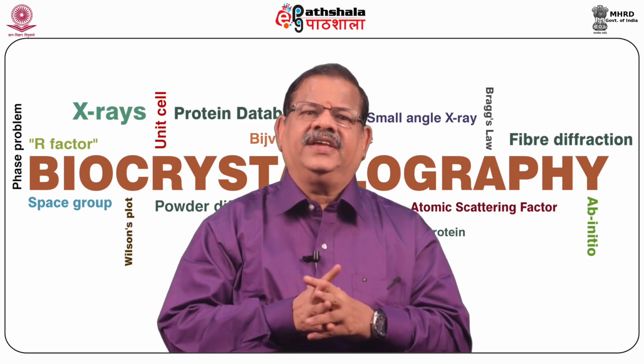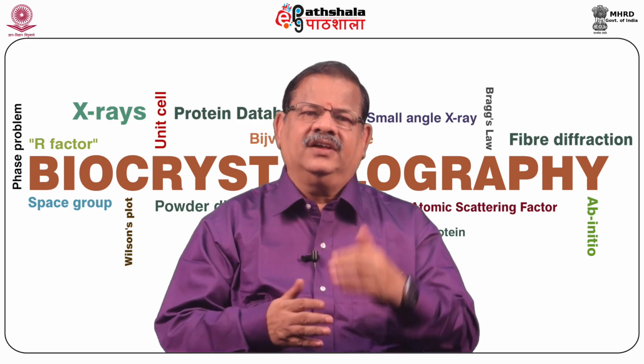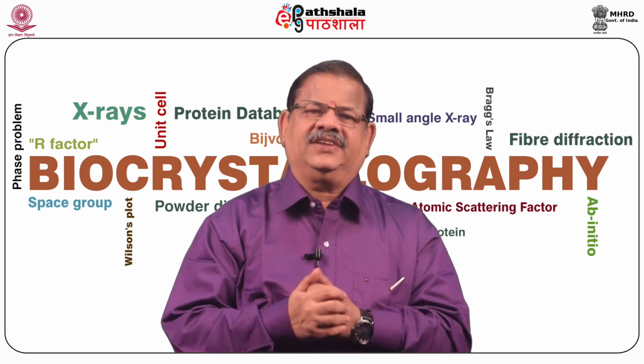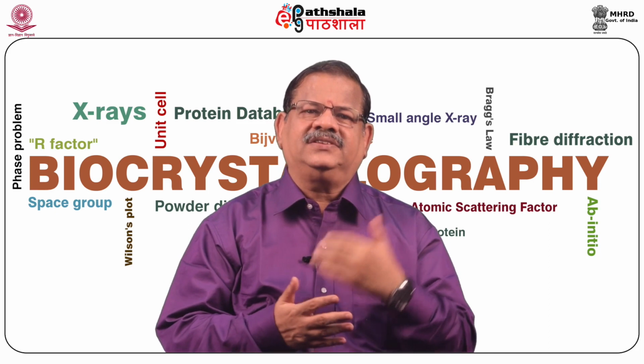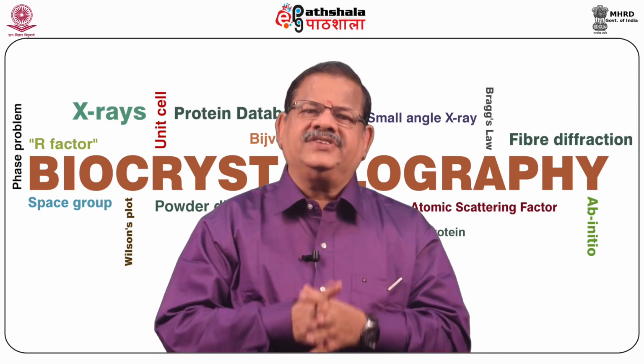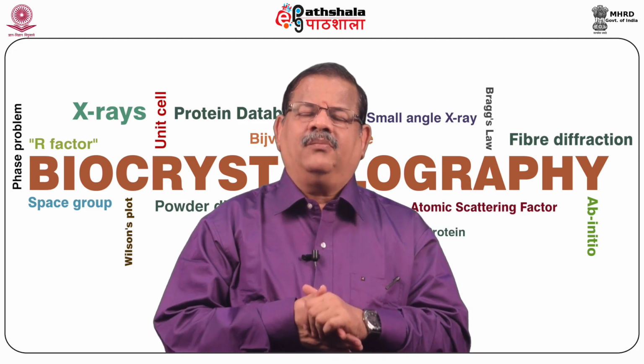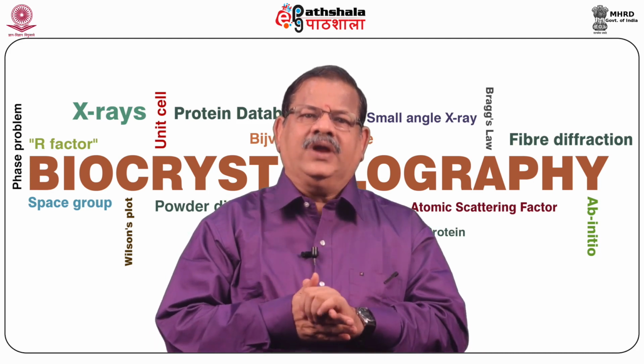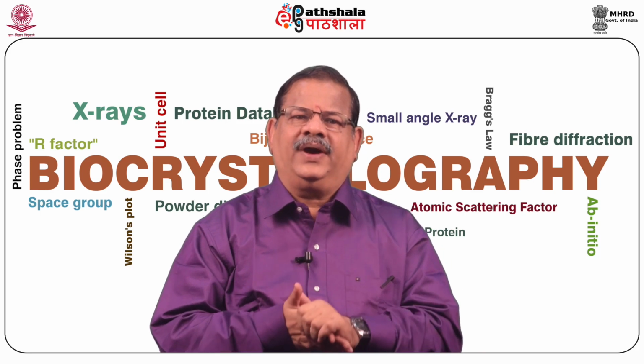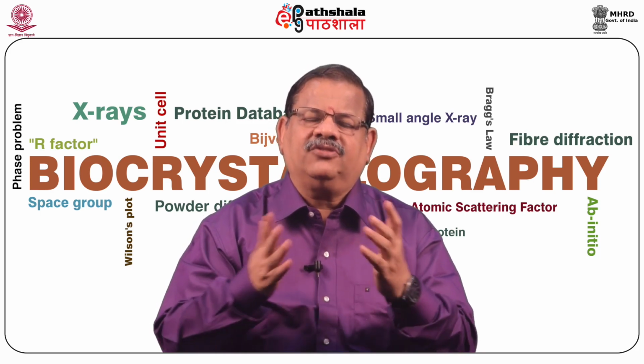This relation is used for phasing of the daughter reflection called H plus K reflection, knowing the parent reflections H and K. While phasing, you have to remember that phi of H bar equals minus phi of H. Only when phi of H is 0 or pi, phi of H bar equals phi of H.